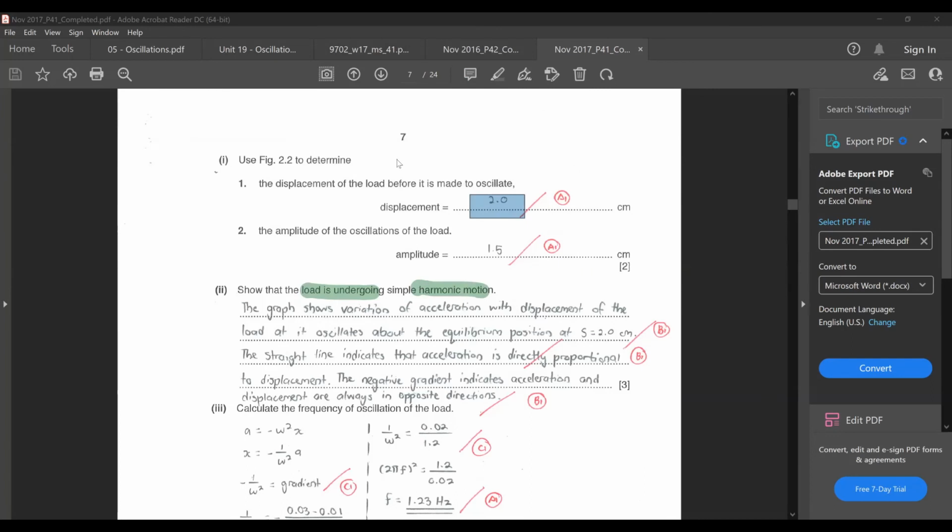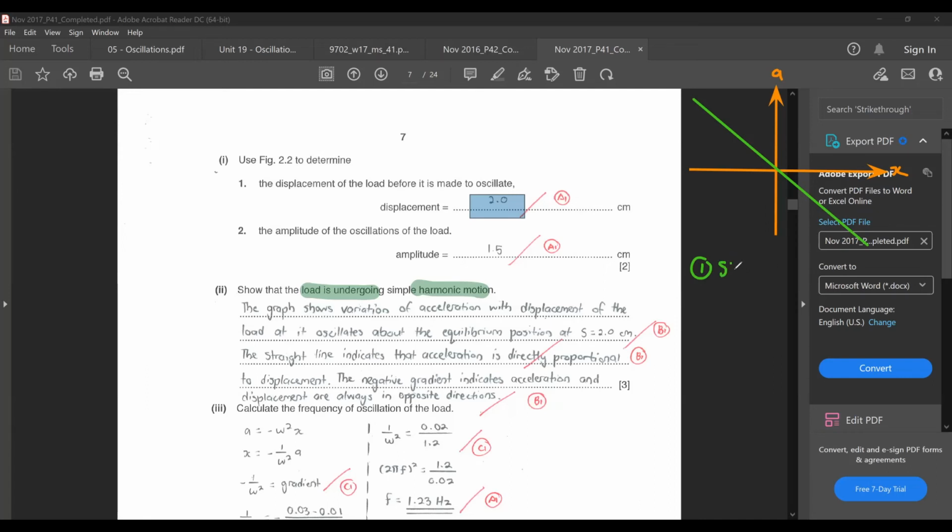I mentioned before inside the notes that you can deduce whether something is undergoing simple harmonic motion by just looking at the diagram, if it's an acceleration versus displacement graph. I specifically mentioned that the graph shape can tell you that you're undergoing simple harmonic motion. There are two things that you will normally look for. The first one is this.